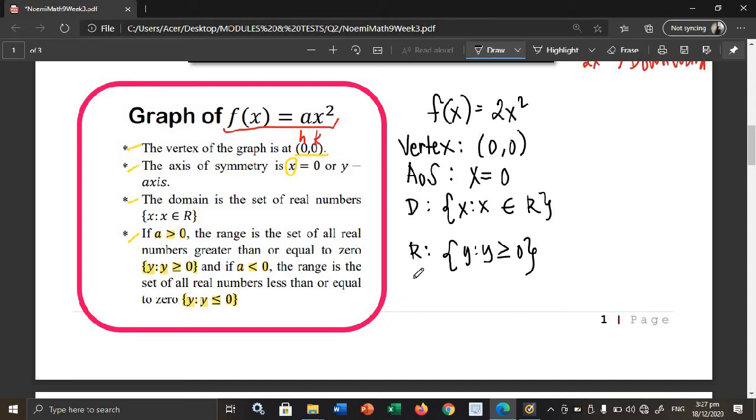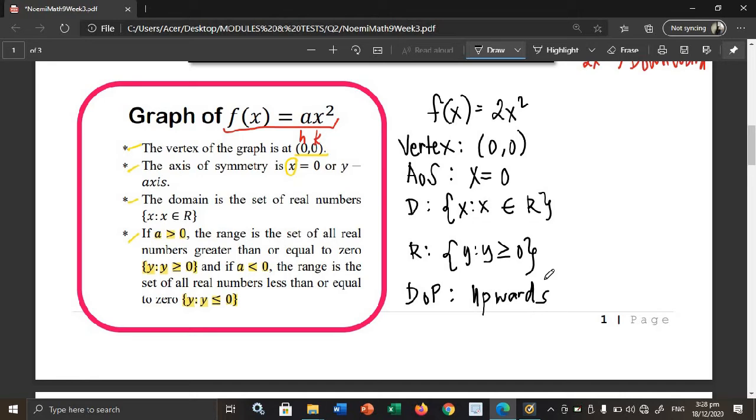And then, the last one that I am going to look for is the direction of the parabola. Okay? So, sa direction ng parabola, nakabase din sa sign ng coefficient ng quadratic term mo. In this case, we have a positive coefficient. Therefore, the parabola will open upwards. Okay? So, that is how you get these values, no?